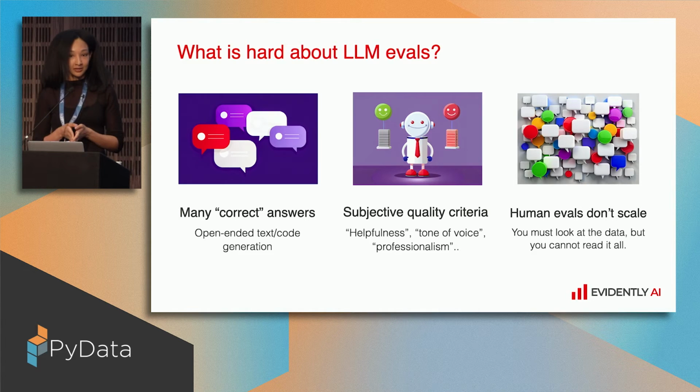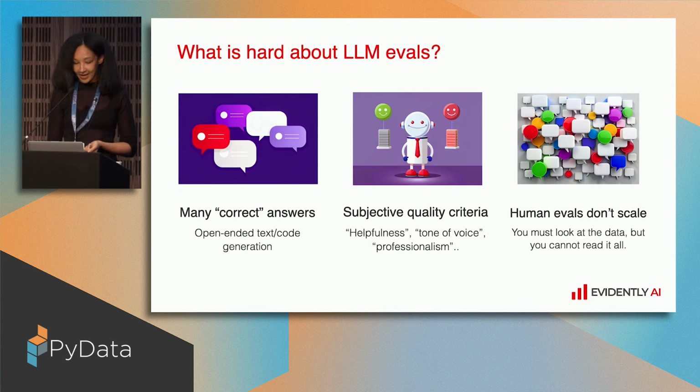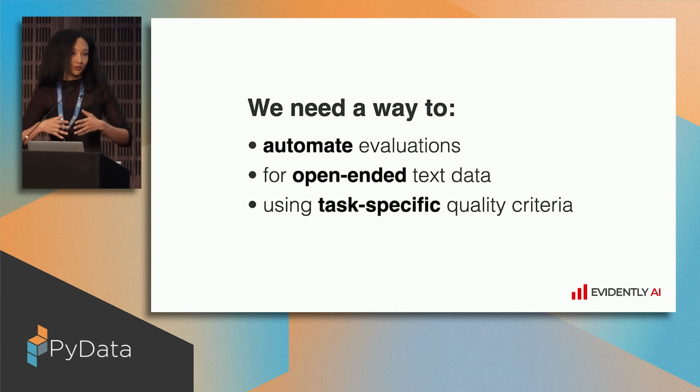So yeah, it's quite interesting how we can overcome such difficulties for LLM evaluation. And I believe if we formulate it as a goal, it could be something as follows, right? We need to somehow automate evaluations for open-ended text data using very task-specific criteria. And now we are going to discuss how we can do that.